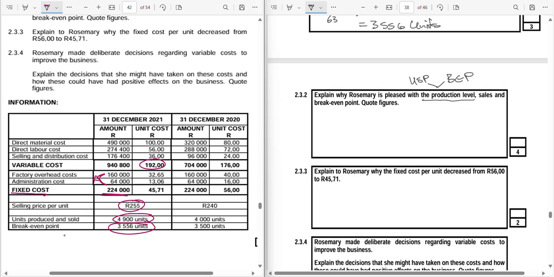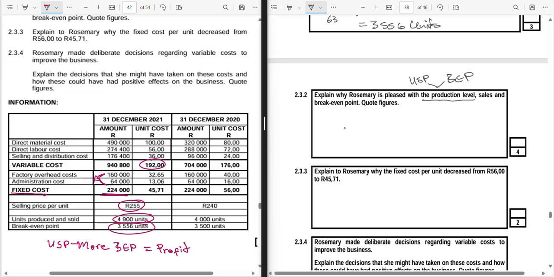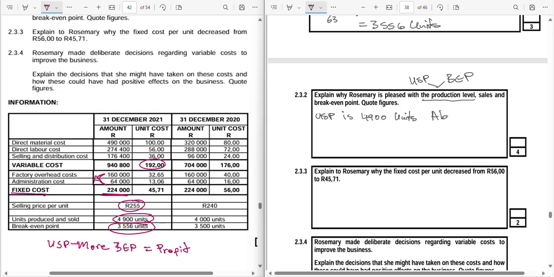If units sold and produced is more than your break-even point, you must be happy. You made a profit. So you are going to say units sold and produced is 4,900 units, above the BEP, break-even point, of 3,556.